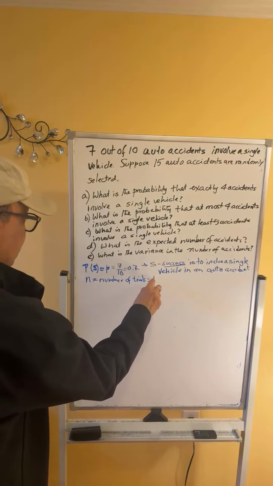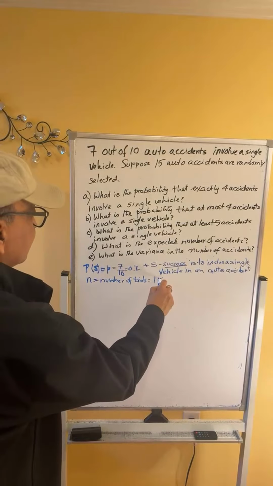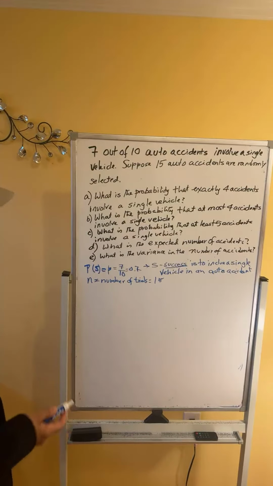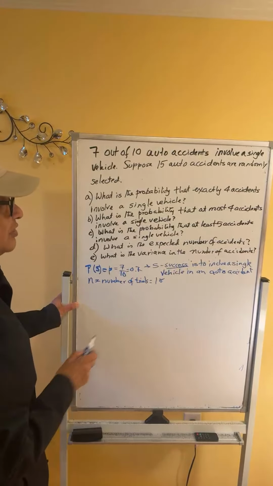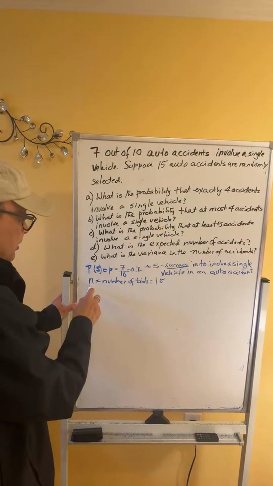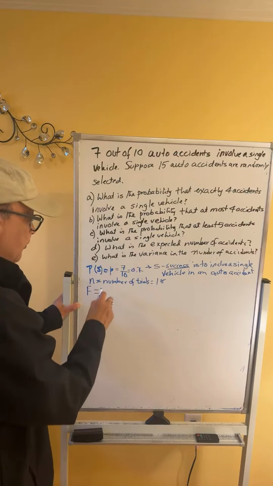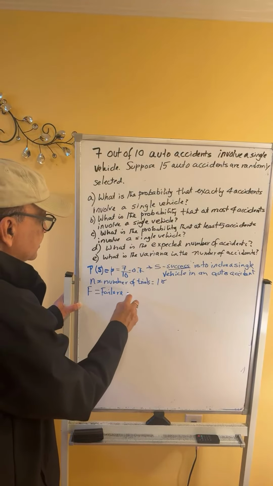Okay, this is binomial because success is to include one single vehicle in an auto accident. So failure is the opposite. F is the failure, which is to include more than one vehicle in an auto accident.